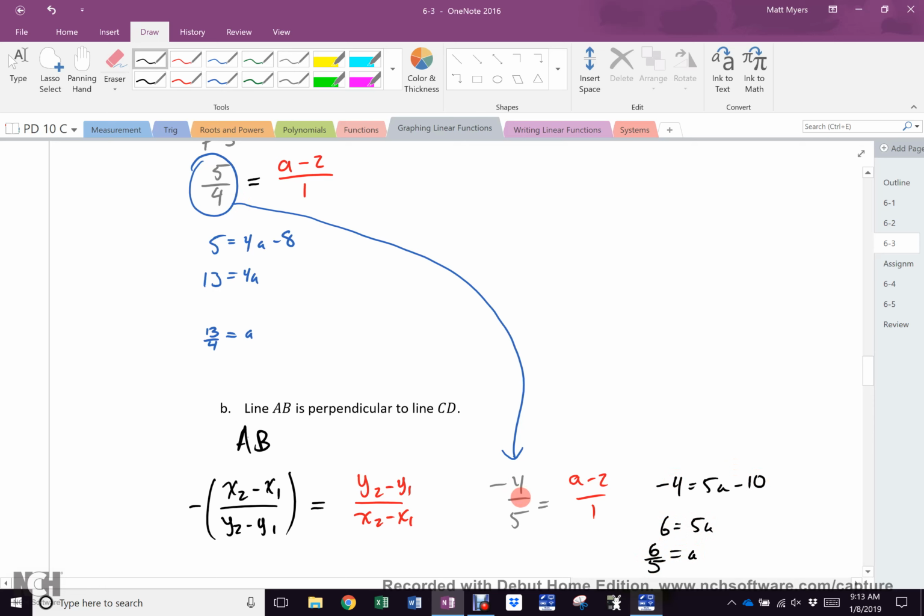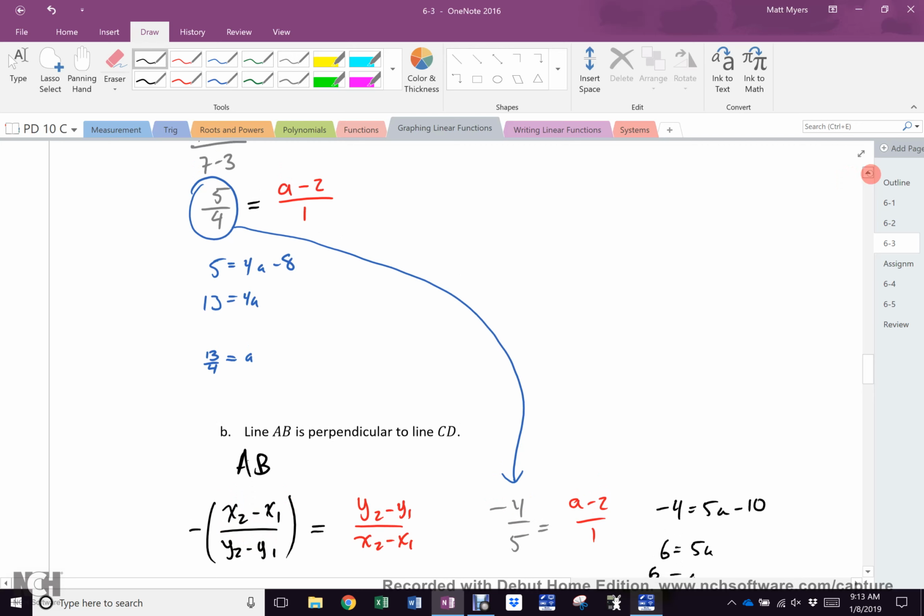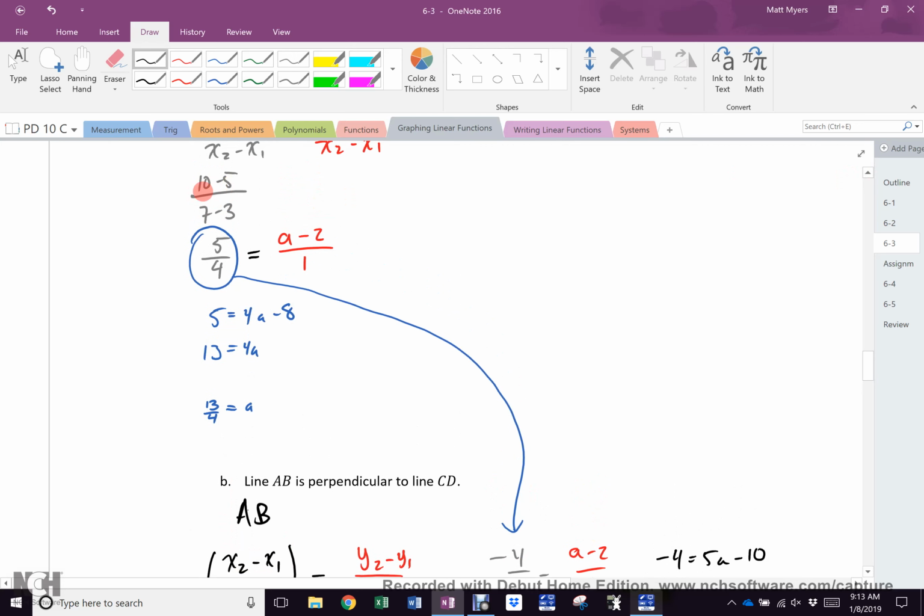And does everybody see that the only thing it does for us is save us work? I could have flipped this and just brought this down to here, right?